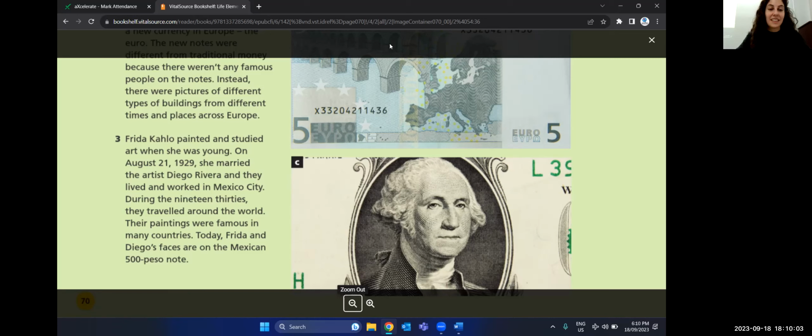During the 1930s, they traveled around the world. Their paintings were famous in many countries. Today, Frida and Diego's faces are on the Mexican 500 peso note. Very interesting.